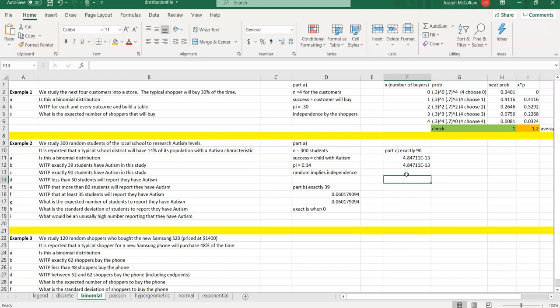So what's next? Well, now we ask questions: what are the odds that less than 50 people? So that's important to me. For part D, here's what I'm going to work on: sets. I like to think about what my solution sets are. It really helps me build my binom.dist. So in part D, we want less than 50 students.